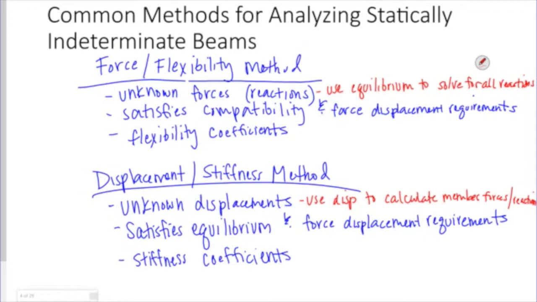The stiffness method also uses linear algebra, which is a class that is not currently in the UALR curriculum for our civil and construction engineering degree. So we're not actually going to be able to go into looking at the stiffness method because you would need to know some linear algebra.